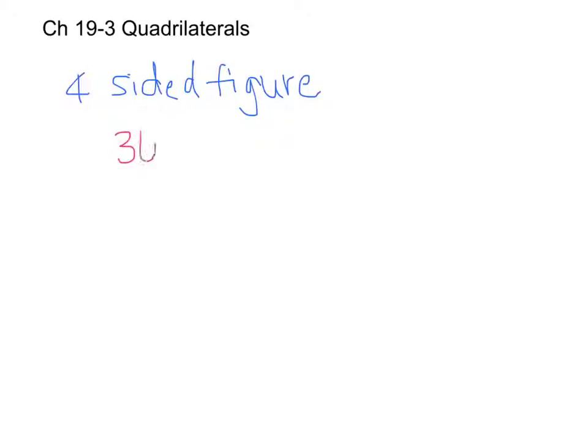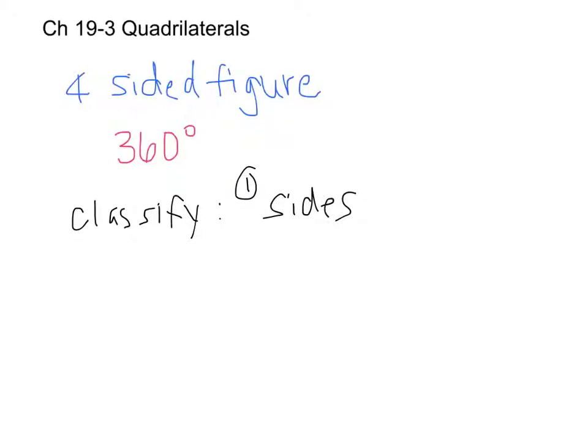The sum of the angle measures is equal to 360 degrees. So you can use the sides and the angles to classify quadrilaterals. So two different ways that you can classify. You're going to either use the sides, or the second method that you can classify is using the angles.